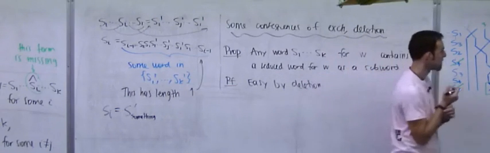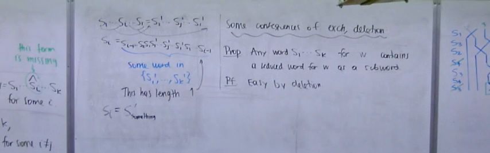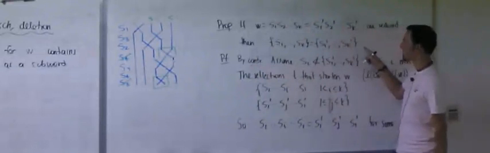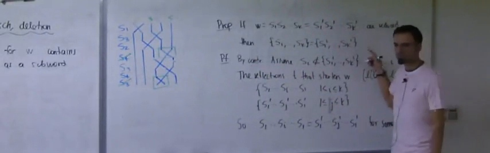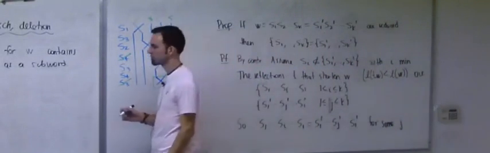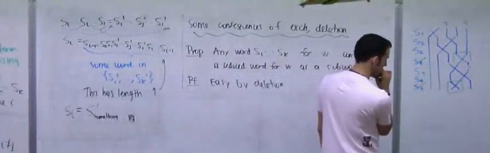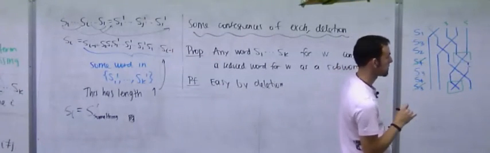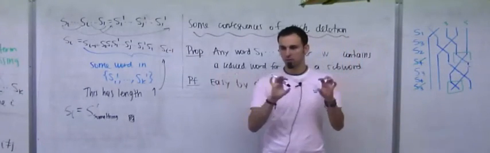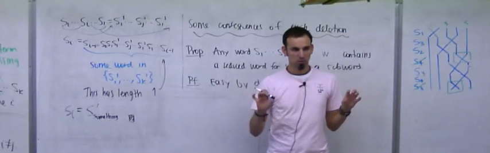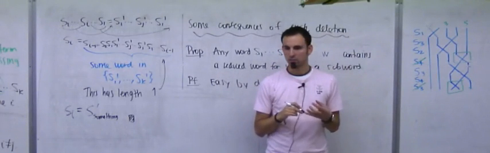I assumed that si was not one of the s primes, and I just proved to you that it is. That achieves my contradiction, and that shows this statement. So that shows to you that any two reduced words for W use exactly the same letters.